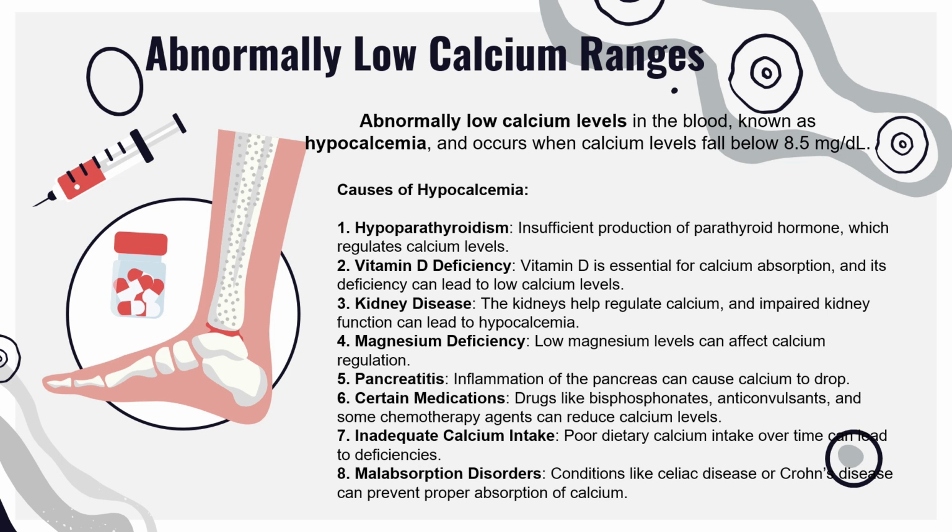At number 7, we have inadequate calcium intake. Poor dietary calcium intake over time can lead to deficiencies developing in the blood. And finally, at number 8, we have malabsorption disorders. Conditions like celiac disease or Crohn's disease can prevent the proper absorption of calcium, leading to hypocalcemia.